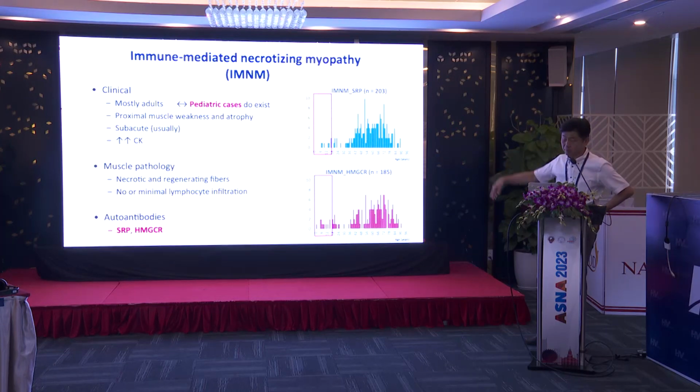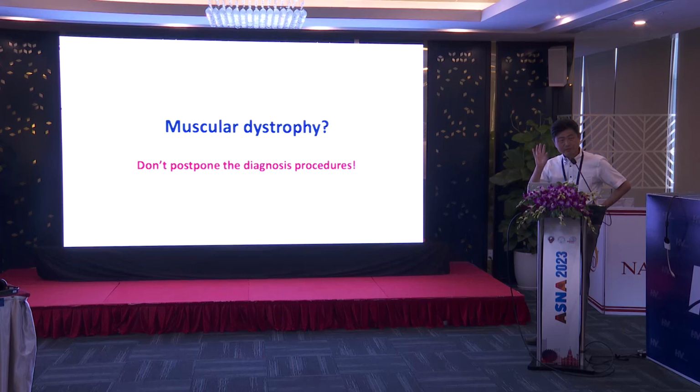Many of them look like muscular dystrophy. So when you see patients suspected to have muscular dystrophy, you should not delay the diagnosis. And if you wonder whether you need a muscle biopsy or not, you should do it as soon as possible. You will lose nothing by doing a muscle biopsy earlier.